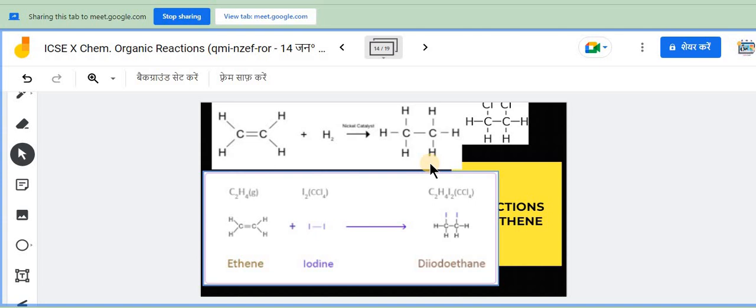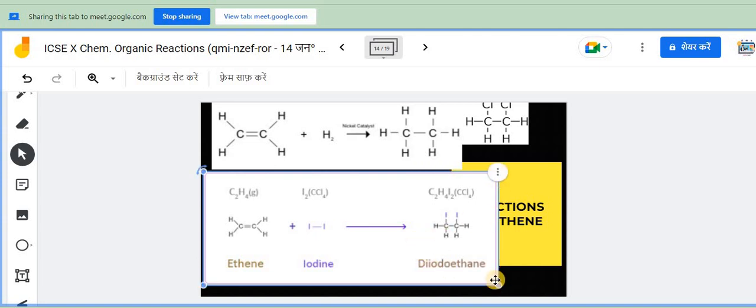Nickel provides an alternative path for the reaction. Nickel will adsorb hydrogen, nickel will adsorb ethene, reaction will take place, and products will be out. More detail is difficult to explain because it is a topic for +2. So you just say that nickel is a catalyst, that's all.